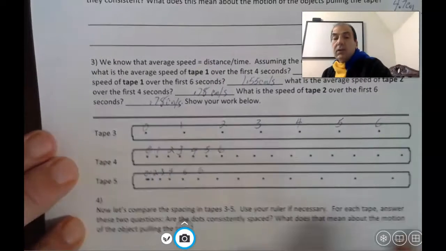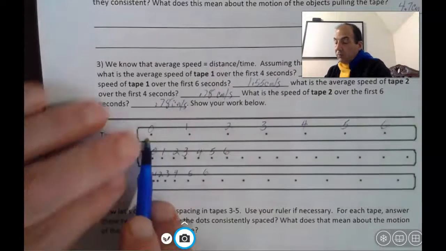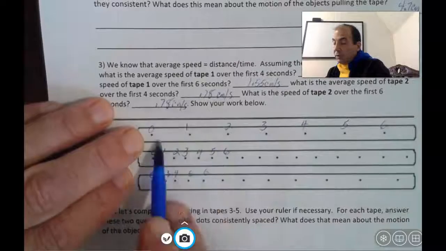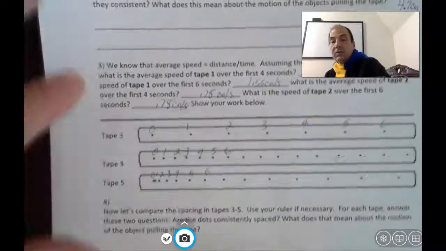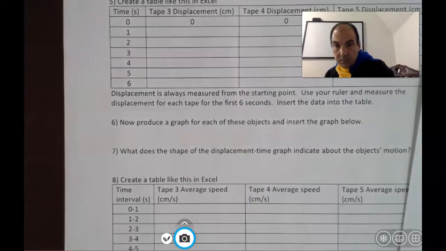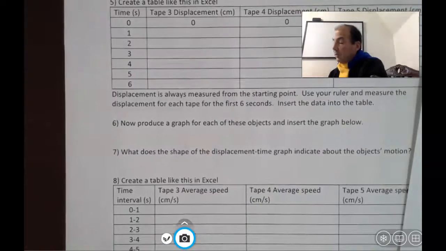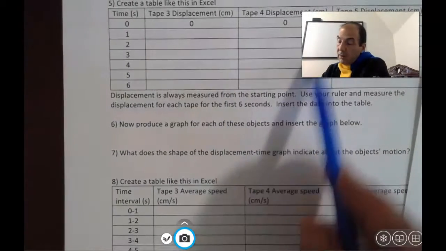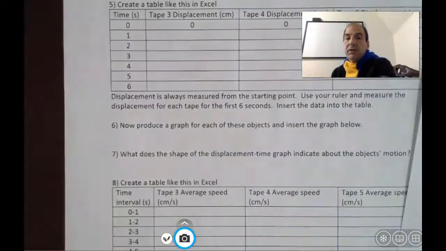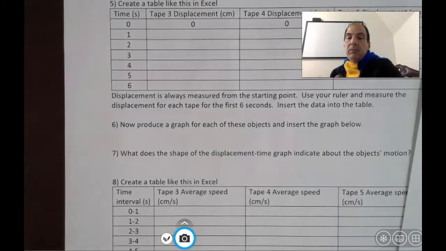Then I'm going to measure the distance from 0 to 1, 0 to 2, 0 to 3, 0 to 4, 0 to 5, 0 to 6, and put that into this part of the table. Then I'll do the same thing for tape 4, then for tape 5. And when I say I, I really mean you, because I've already done these things.